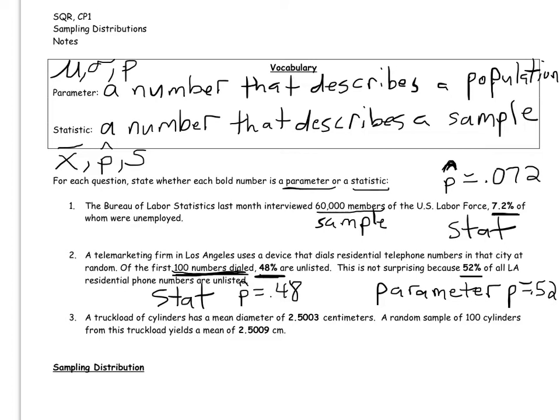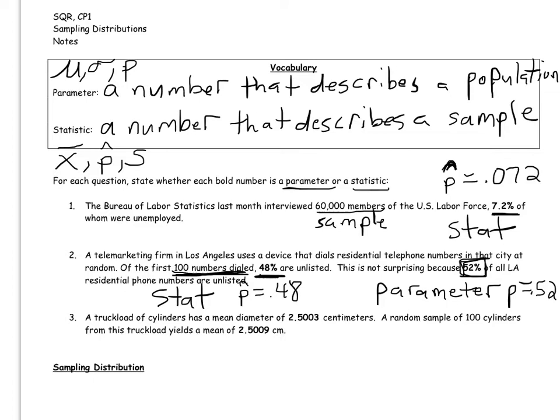I said p hat was equal to 0.48, which lets me know that 48% is a number describing a sample, versus p equals 0.52, which lets me know that 52% is a number that describes an entire population. It's not just coming from a sample.